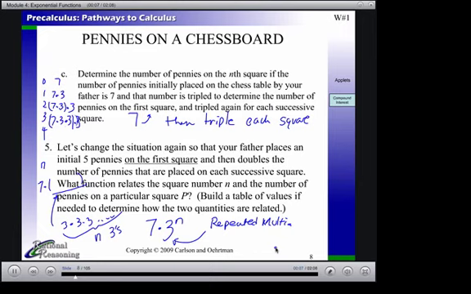To get the new output, you do what? Multiply by 3. If you're doubling, you got the old output. You want the new output, what do you do? Multiply by 2. Every time you advance the input by 1, the output gets multiplied by this very important number, whether it's 2 or 3 we've seen so far.